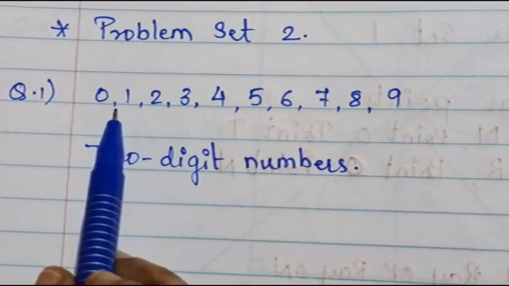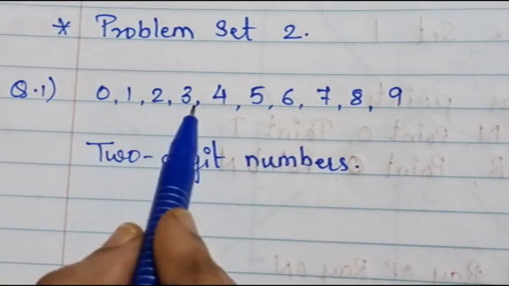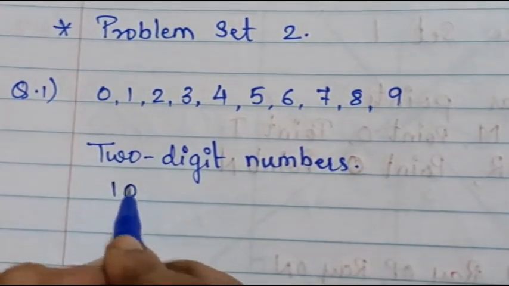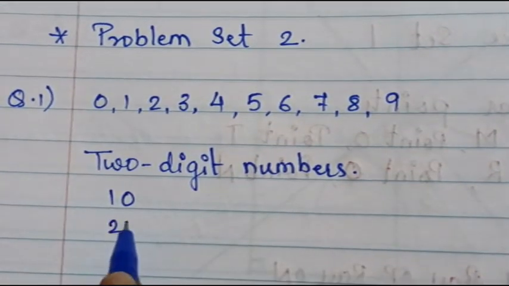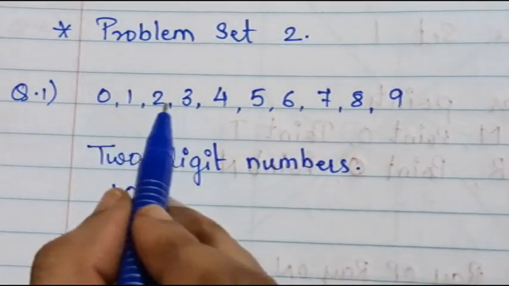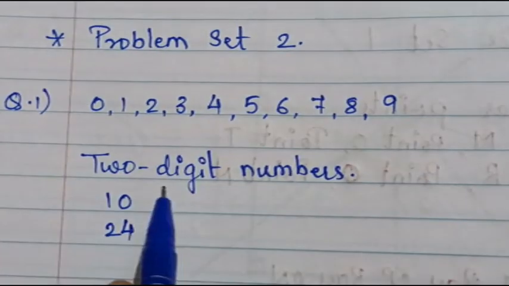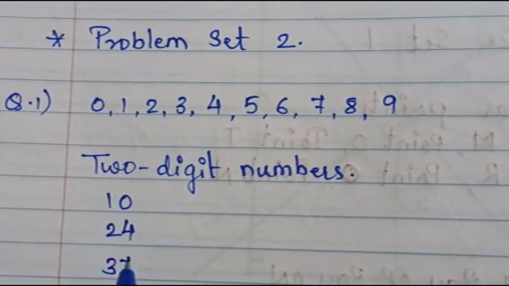So we'll start making the numbers. You can pick any numbers. For example, first I'll write 10, then I'll write 24. Any which way you can pick and write numbers.